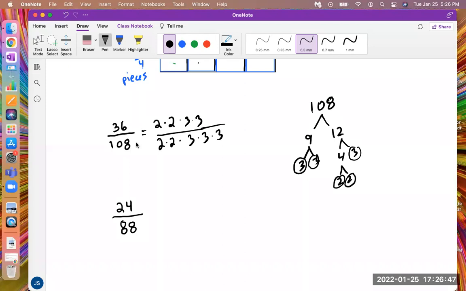And now what happens next is I cancel any common factor in the numerator and denominator. This is equivalent to division, which is the opposite of multiplication, like undoing the multiplication.